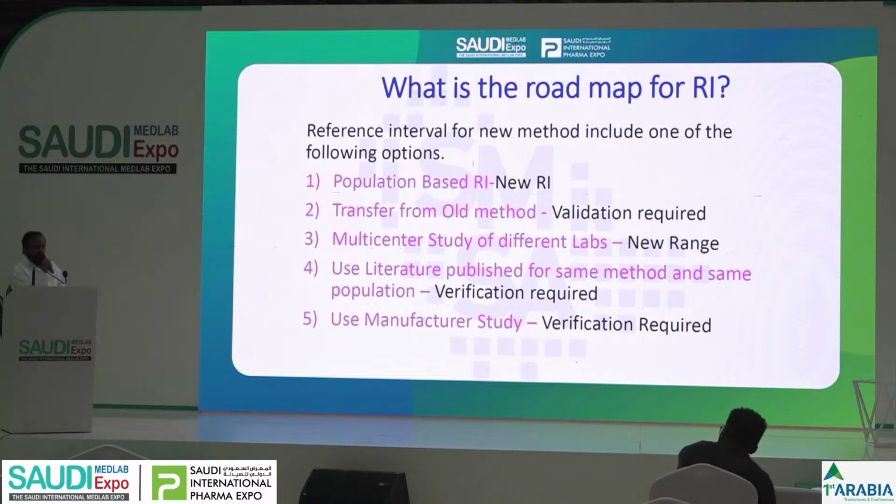You do the comparison. If your comparison is good with a minimum bias, you can use the same reference range from the old method. The third one is a multi-center study. The fourth one, use the literature, and then you verify. If you use the literature, then you have to verify your reference interval. And if you are using the manufacturer's, then also you have to verify.